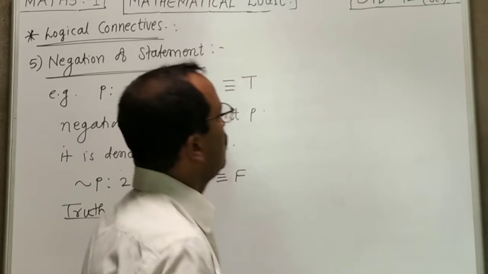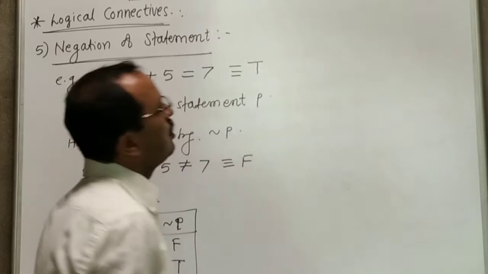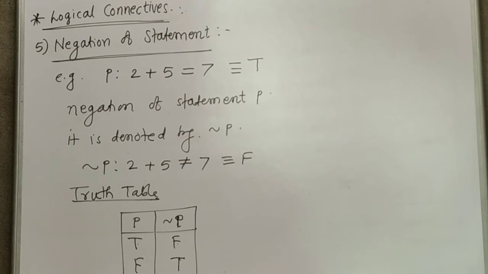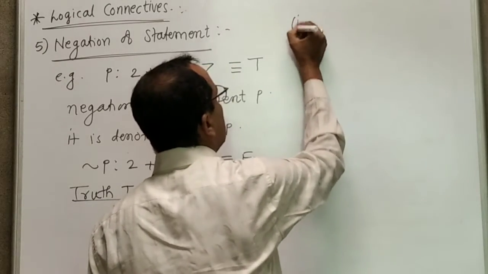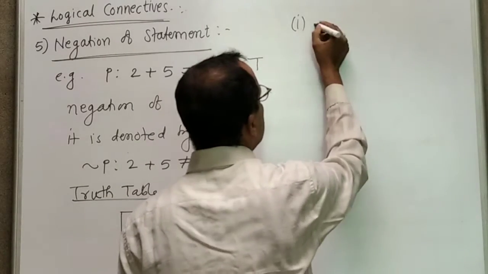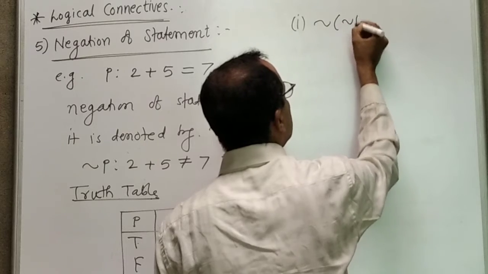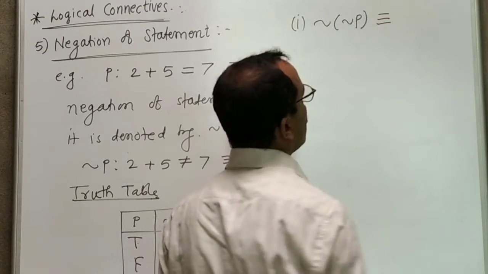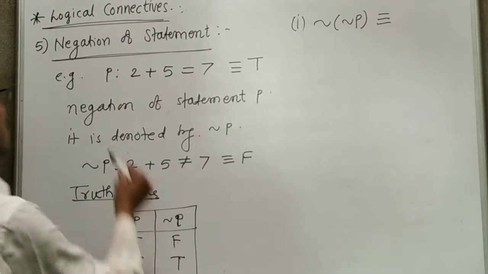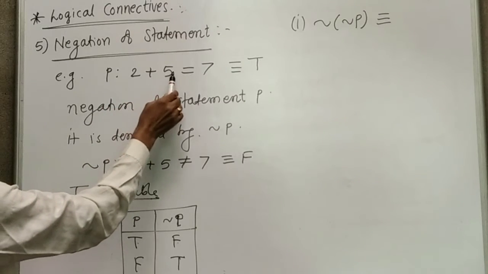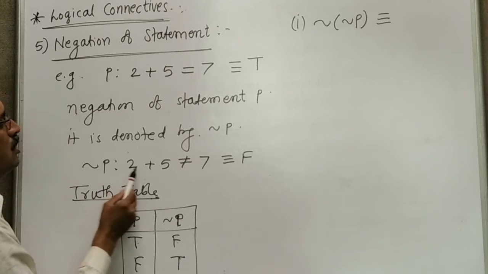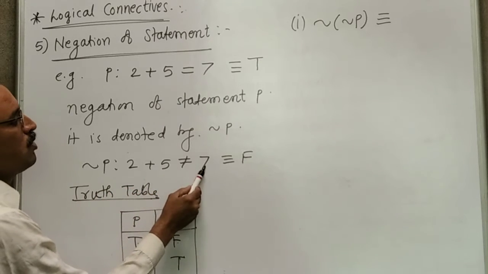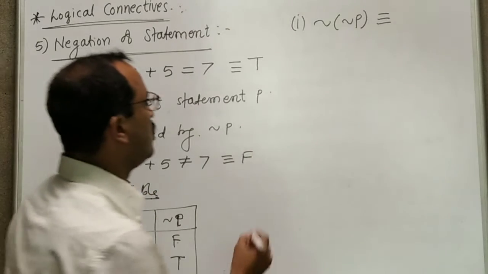Now we write 2 remarks here. One is negation of negation P. Here in this example we see P is 2 plus 5 is equal to 7. It is true. Negation P, 2 plus 5 is not equal to 7, is false.